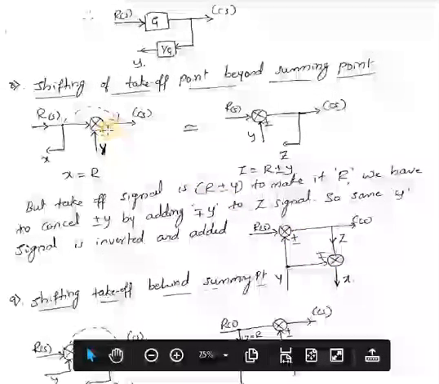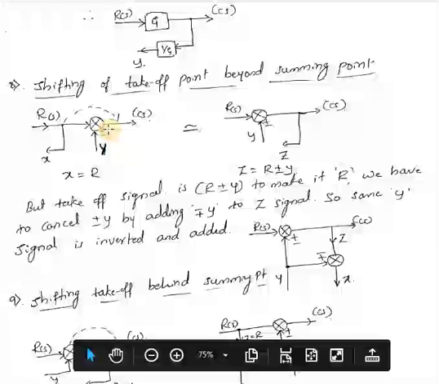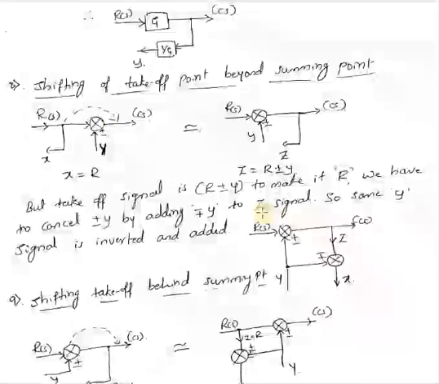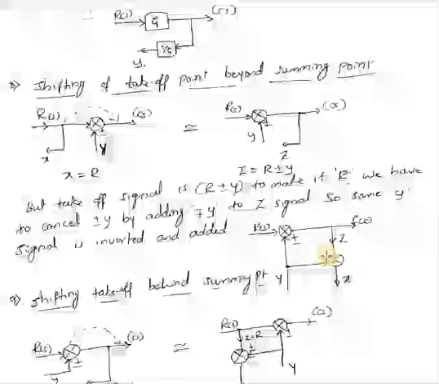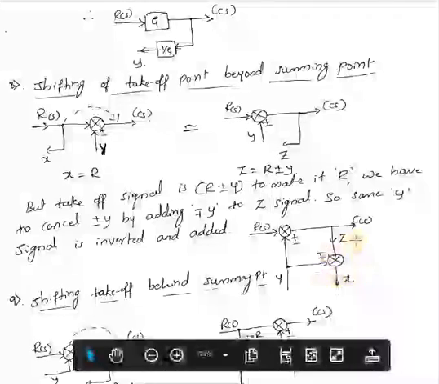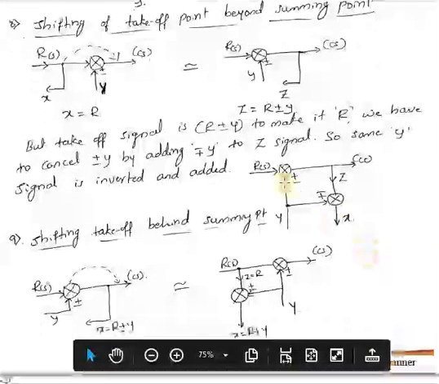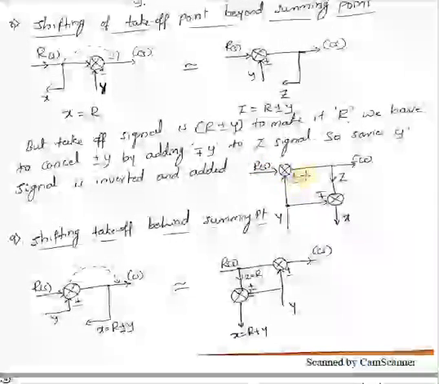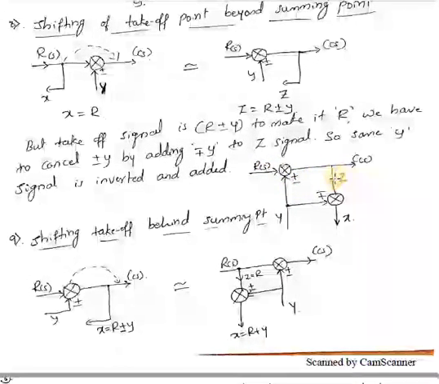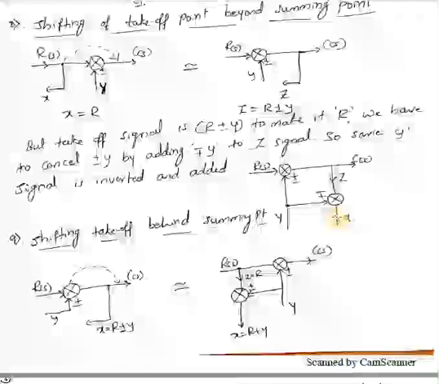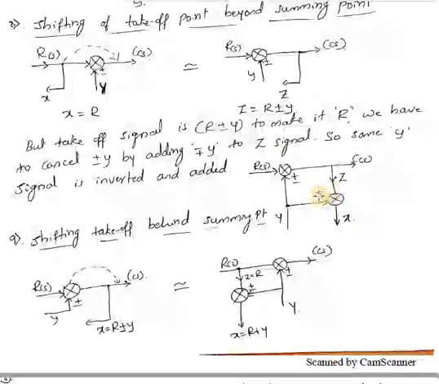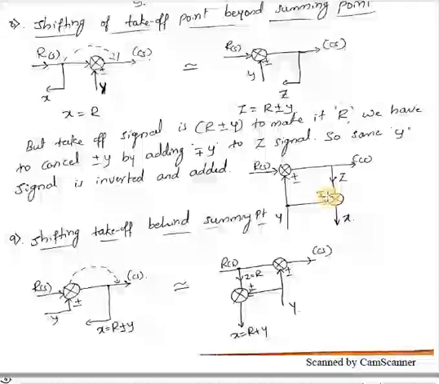For example, here I have shown both the signs. If it is plus, then it should be minus. If it is minus, then it should be plus. Then only your output will be the same, because here it is R plus or minus Y, the Z value, and here this X value will be R plus or minus Y minus or plus Y, which will be R only.